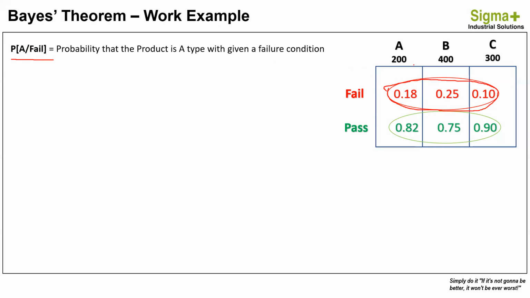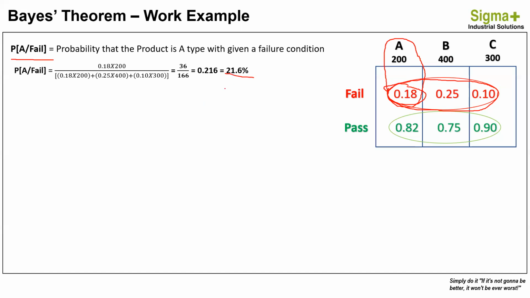So my probability of A under the condition that the product is a fail will be the 18% of the product A divided by the sample space of fail, which will be the 18% of product A plus the 25% of product B plus the 10% of product C, right? And let's see the result, which will be 21.6%. Okay, so there is a 21.6% probability that if the product is failed in the test, it will be an A type.